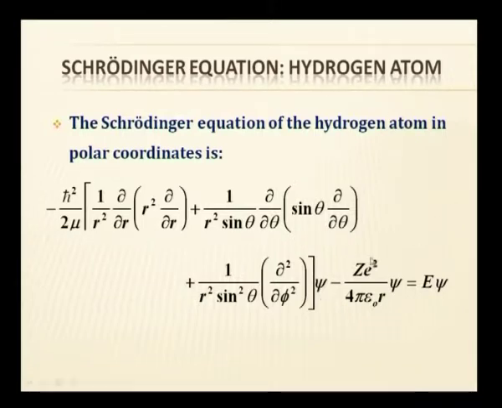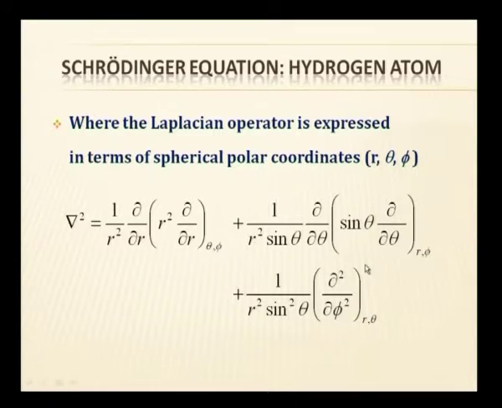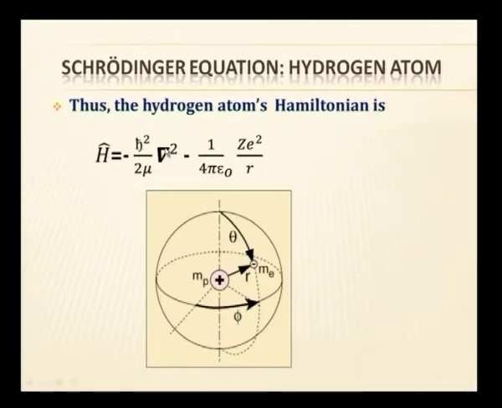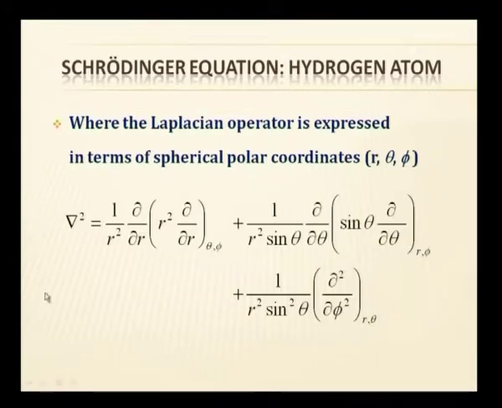You see here the whole thing, you have got the Laplacian operator, that is the kinetic energy part, right. Then the potential energy part comes here. You look at the expression once again, you have got a del square here, del square has been replaced by an expression of this kind, wherein you express del square in terms of r, theta, phi.